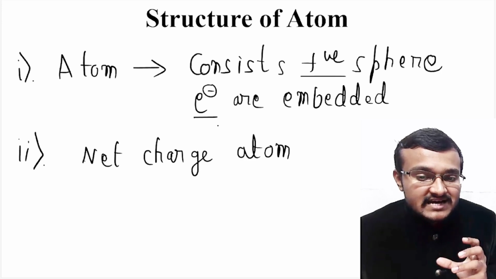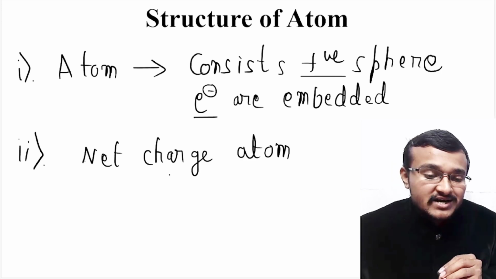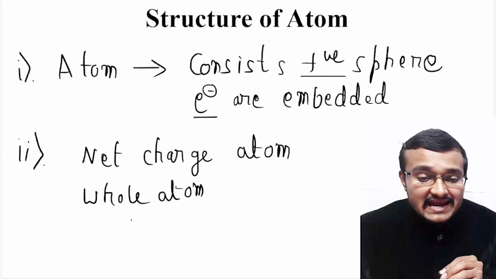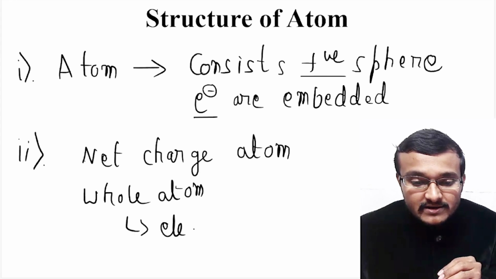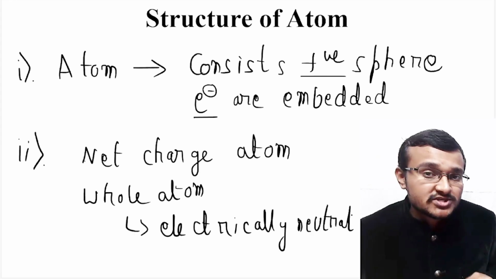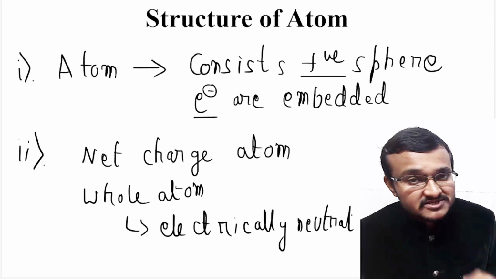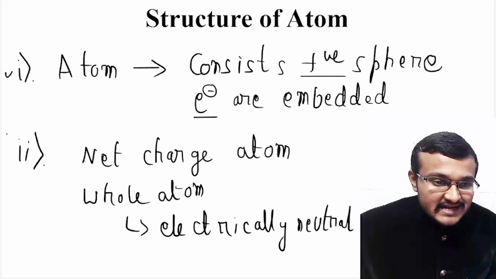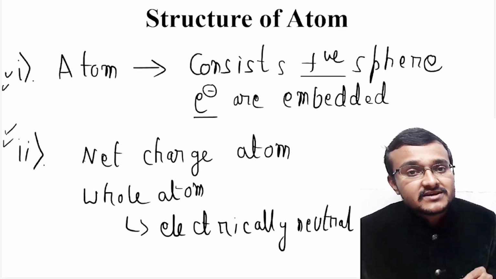So if you consider the whole atom, it is electrically neutral. So this is one of the conclusions which was given in Thomson's model. So these two conclusions you can remember from J.J. Thomson's atomic model.